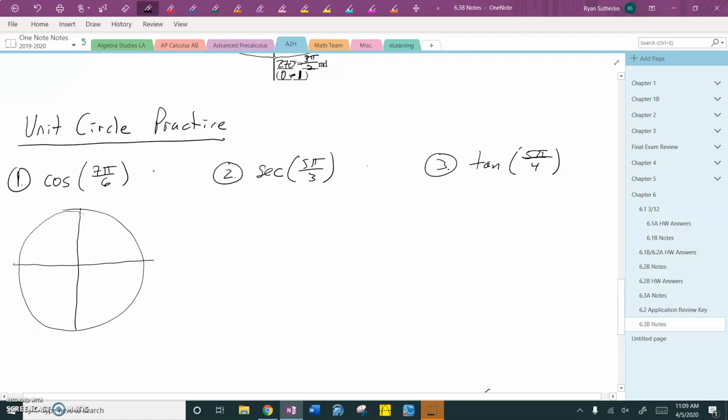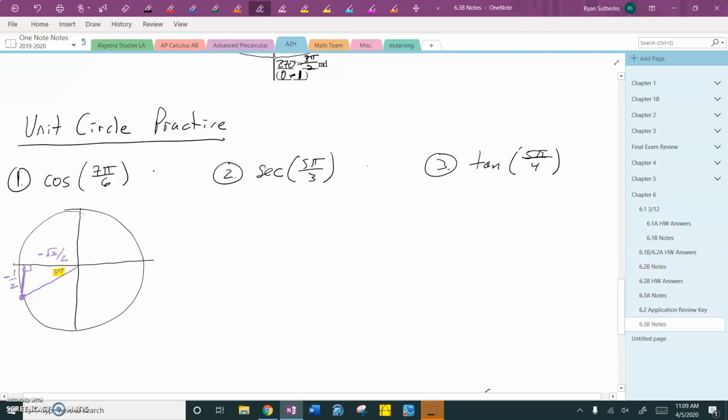So what I would do for this one, cosine of 7 pi over 6, 210 degrees, that puts my point right here. And I know that this is 30 degrees, and this is what I would call my reference angle. It's the angle that I make with the x-axis. Now, if I know that's a 30-degree angle, then I know my short side would be the 1/2, but it's in the third quadrant, so this is negative 1/2.